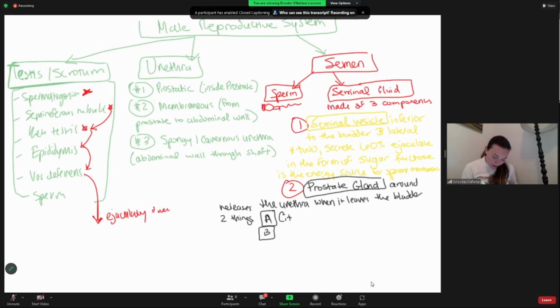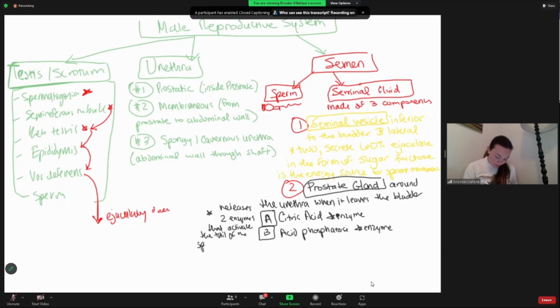Citric acid, which is an enzyme, and acid phosphatase, which is an enzyme. So we could really just rewrite that: two enzymes that activate the tail, which is the flagellum, right?